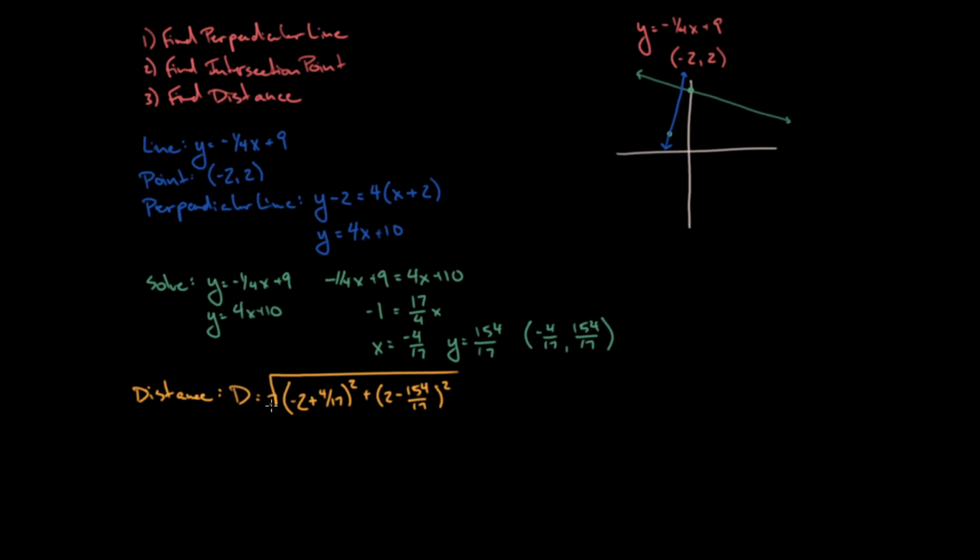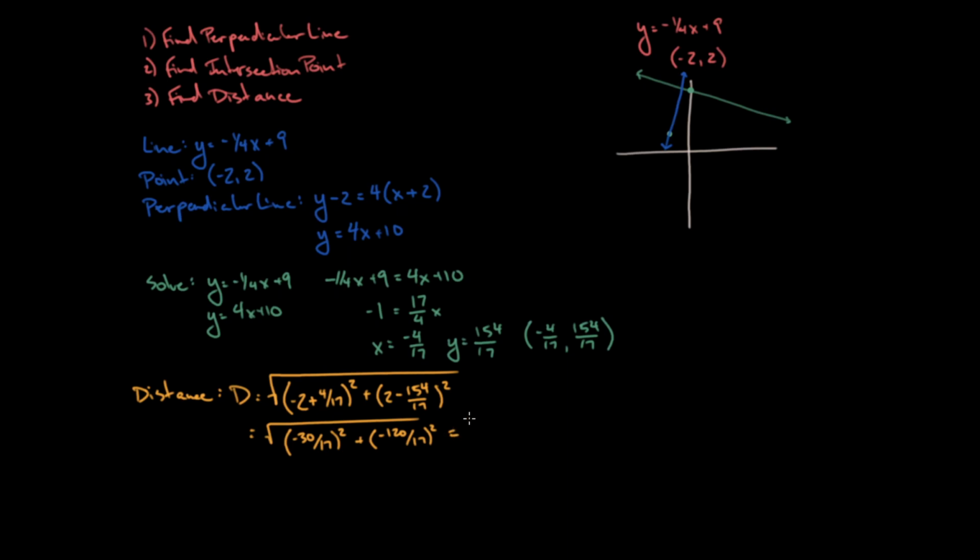Yes, so negative 30/17, that quantity squared, plus 2 minus 154/17, which is negative 120/17, squared.